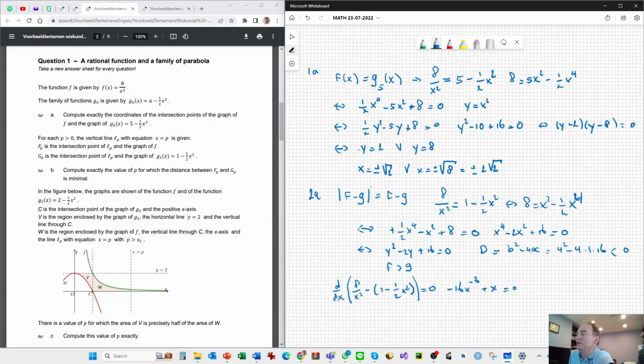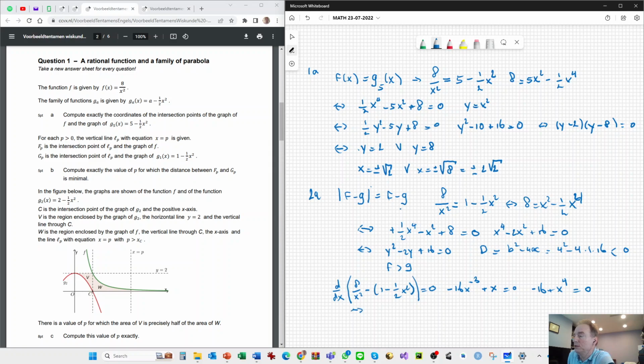What can we do? Assuming x is greater than 0, which definitely has to be the case, we can just multiply both sides by x to the power 3, for example. So I get minus 16 plus x to the power 4 is 0.